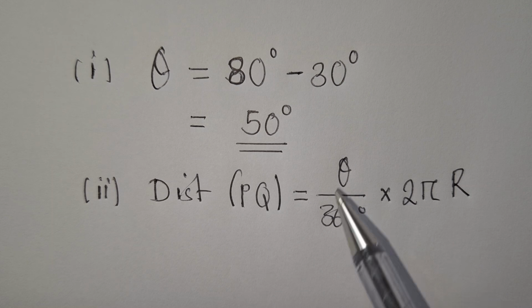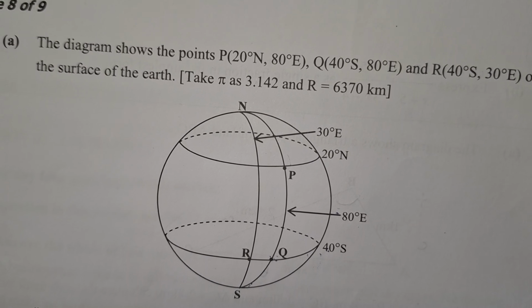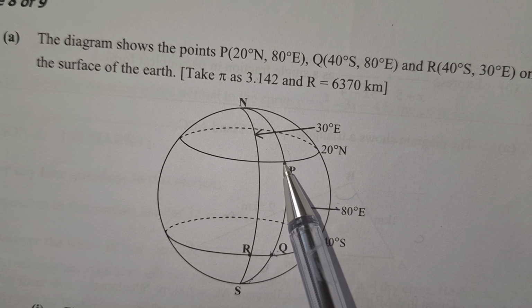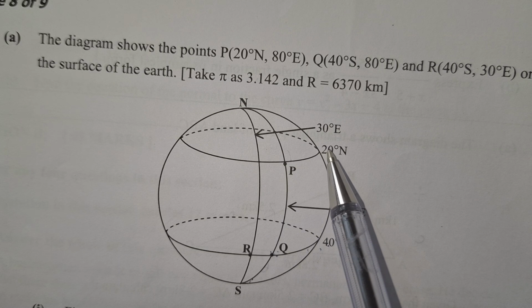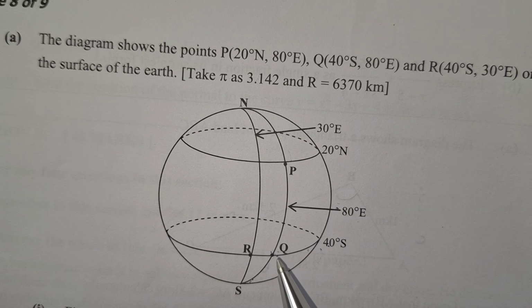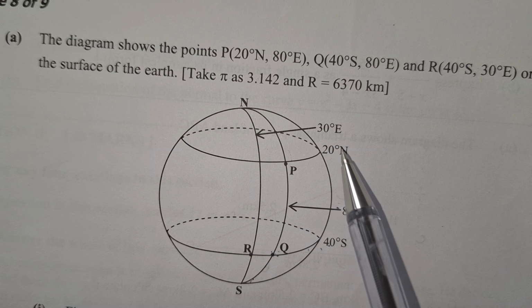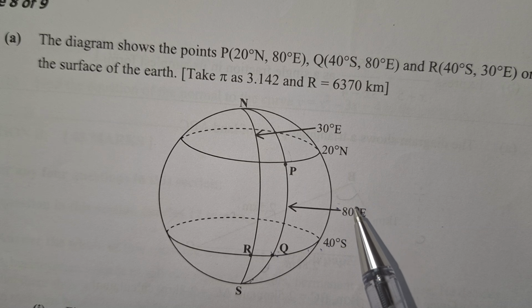Now what is our theta? Look at this very carefully. PQ, that's the distance we're finding from here to here. If we check nicely here, it's 20 degrees north, while here it's 40 degrees south. So the sides are different. When the sides are different, we always add.